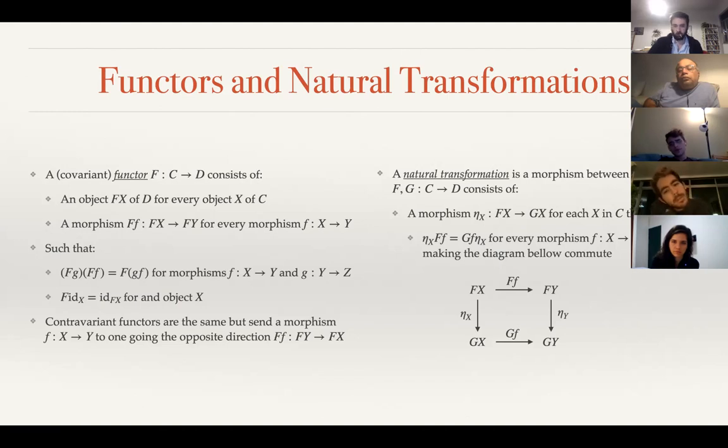So the natural transformation is what we get from some structure, right? Think of F as a structure on a space. Imagine we have a space. We have two different structures on it. One is F and one is G. The natural transformation is the way that we translate between these structures.